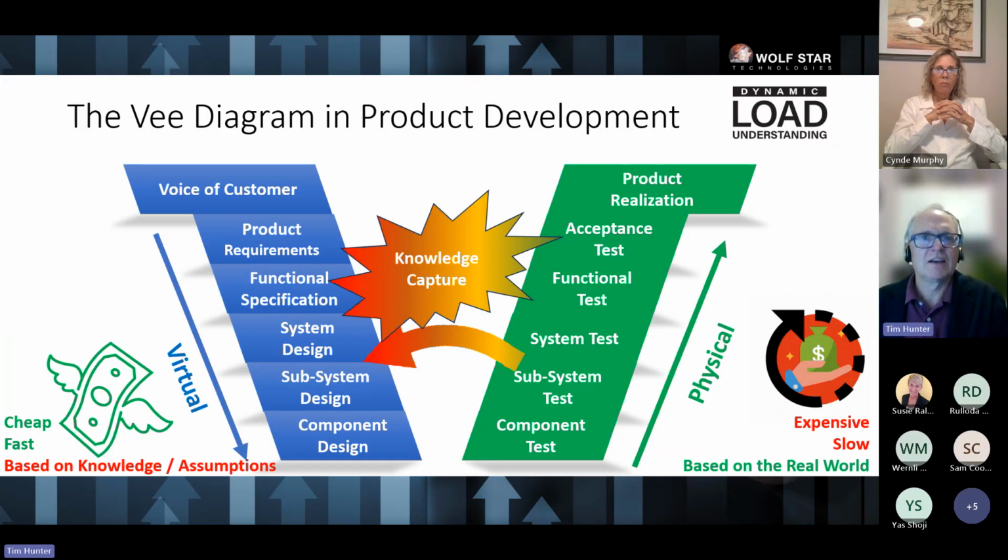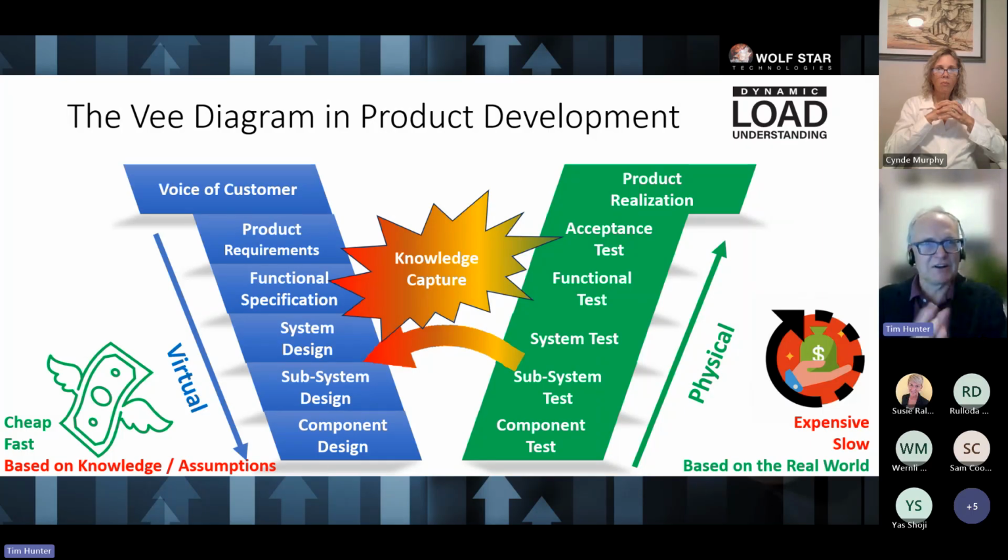By the end of this series, I think you're going to see a very powerful set of techniques for doing that. This is just giving you the entryway, because we need to do virtual product development, but we need real world data to help us out with that. There's got to be a bridge to help us do that. And I think we're going to show you some great tools in the next couple of webinars to do that.